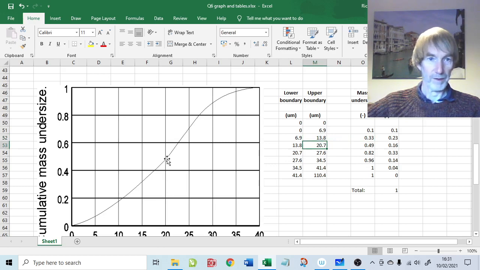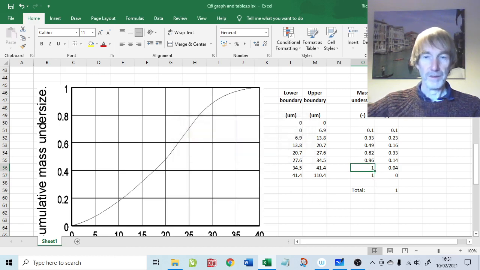That is round about 0.49. Okay, so the cumulative mass undersize is 0.49, and we carry on doing that with all the other values until, of course, we get to 1. And it's 1 at less than 40 microns. So at these two upper boundary limits, which are both over 40 microns, clearly the mass undersize will be 1 in both cases.